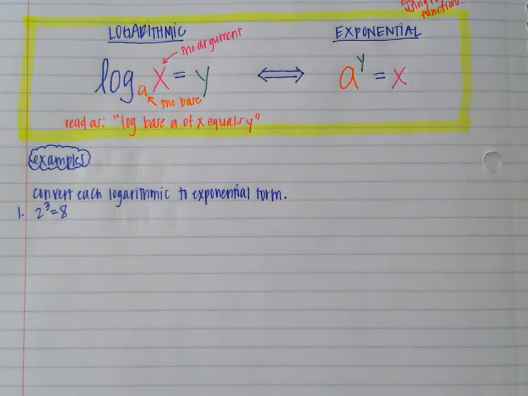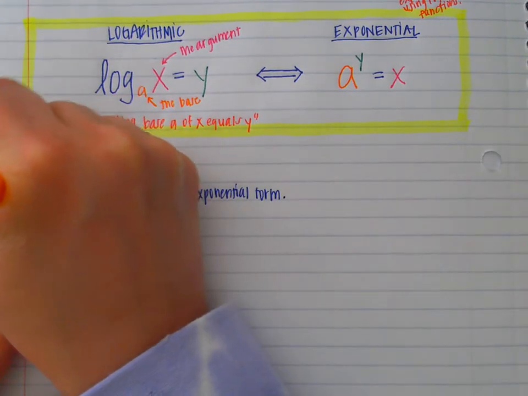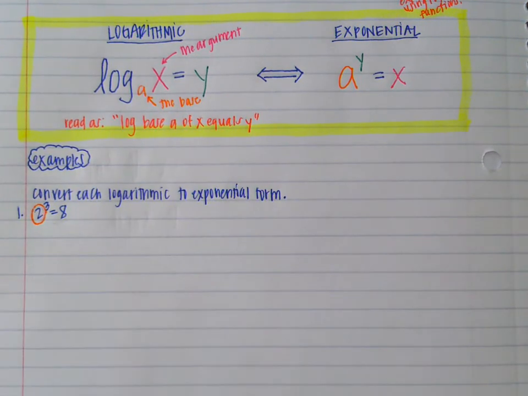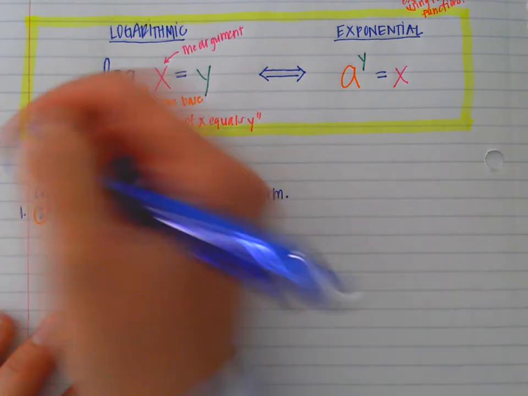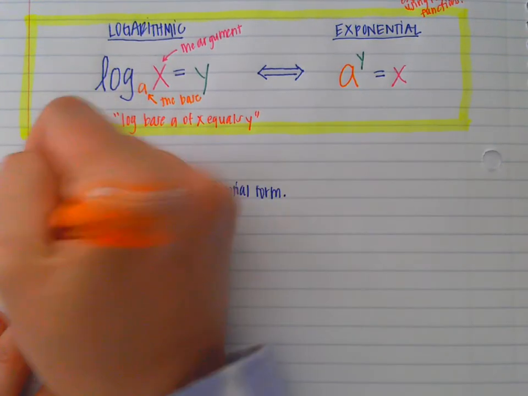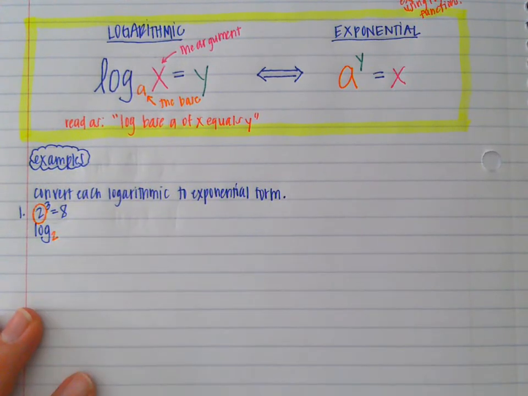Or we can think, okay, the base of the exponent is 2. So when we write our log, that's going to be log base 2. The argument is always the exponent.